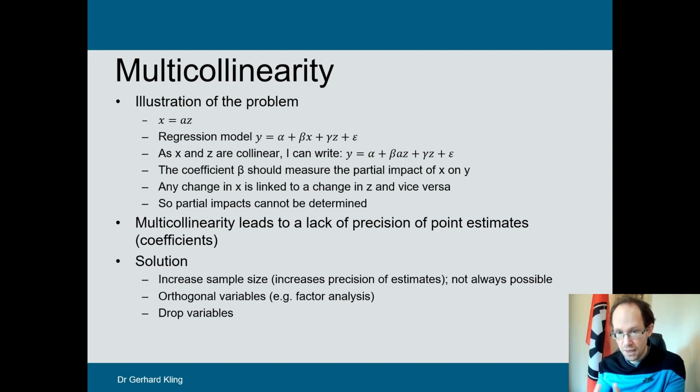So you have to think very carefully whether you want to have both of these measures in the same model, because they might interact and they might make it difficult to estimate the true relationship you want to estimate.